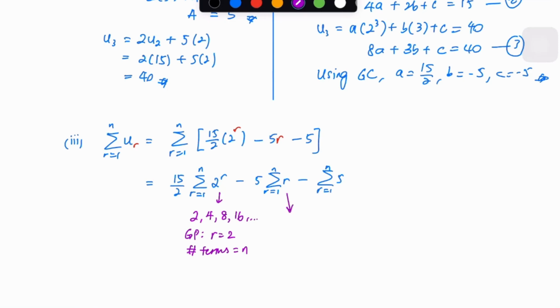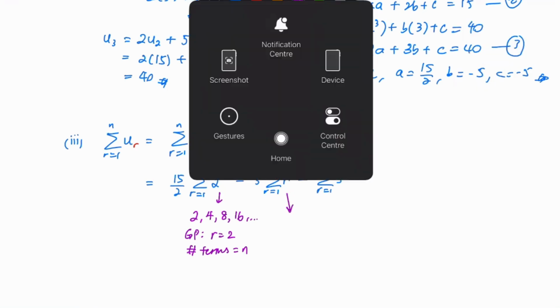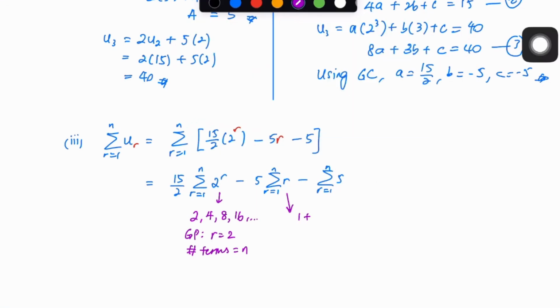This one over here, we are summing 1 plus 2 plus 3 plus 4 until n, correct? Sorry, instead of commas, I should put plus also. So this one over here, add until n. So this is an AP with common difference 1.